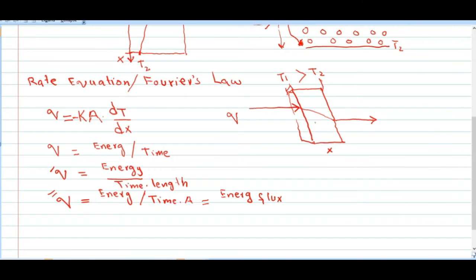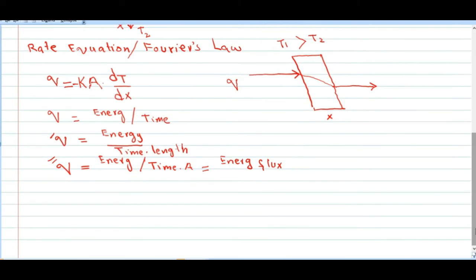The phase that is at lower temperature should have a heat sink, so it will be maintained at lower temperature during the process of heat transfer. Otherwise, the temperature of the phase will change if we do not have a heat source or sink. So the first assumption of Fourier's law is that the phases should be isothermal.